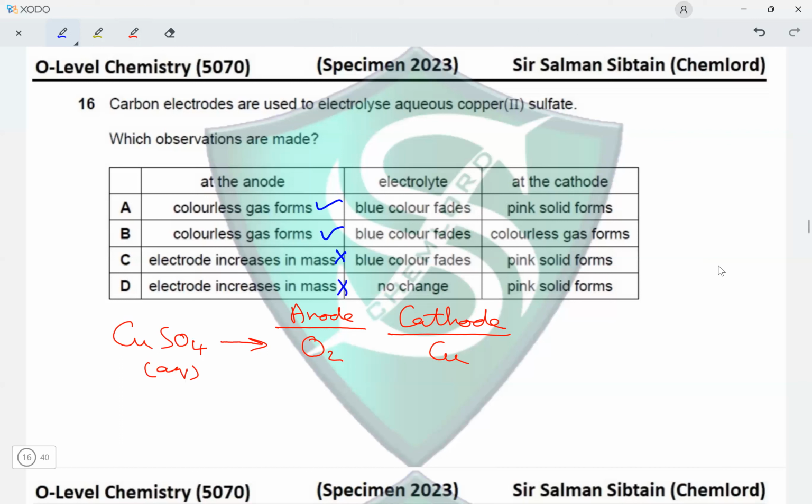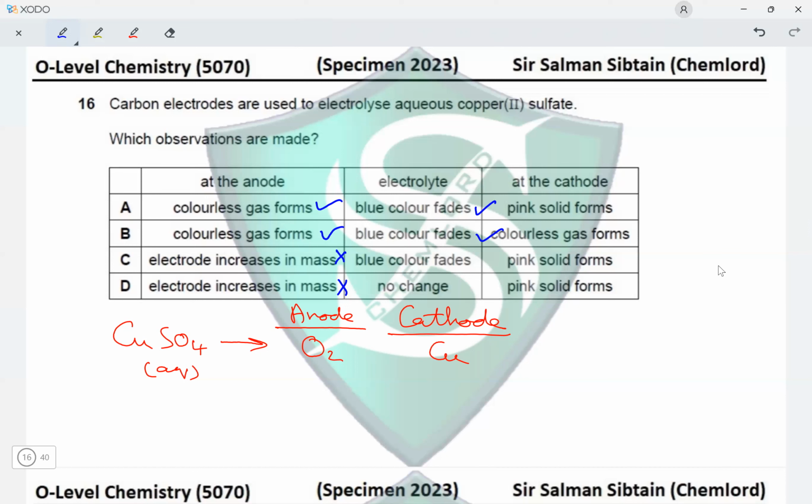So automatically options C and D have been eliminated, and one of options A and B is the correct option. Now, electrolyte, blue color fades. Copper sulfate is blue in color, and when it undergoes electrolysis, the blue color disappears. So blue color fades. So as far as the electrolyte is concerned, options A and B are both still correct so far.